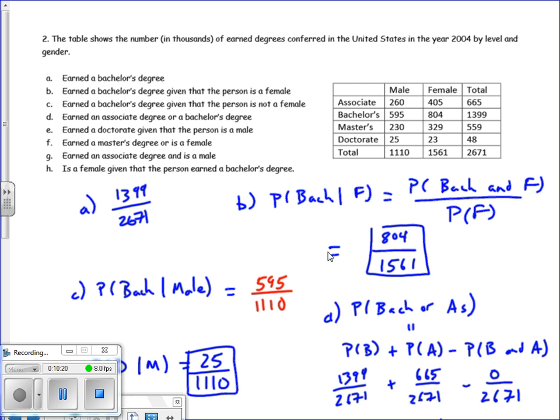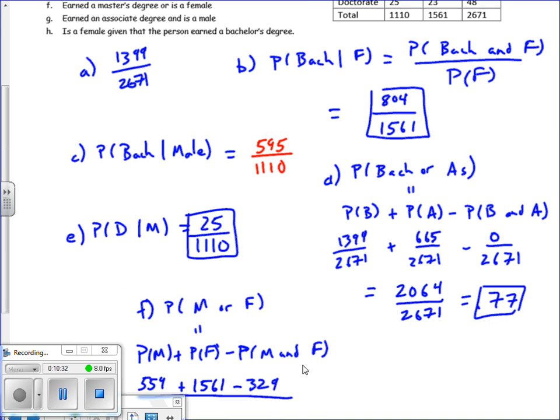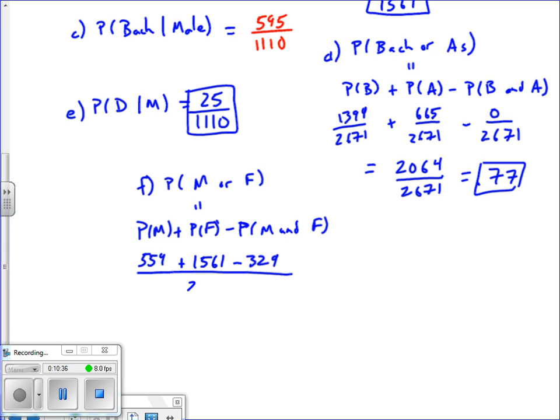Oh, no, that's correct. So take that group back out, I'll take the 329 back out. That's all over 2761. So 559 plus 1561 minus 329. So 1791 out of 2761.